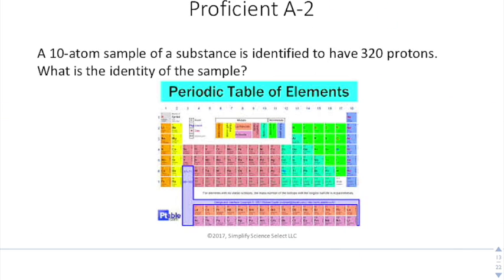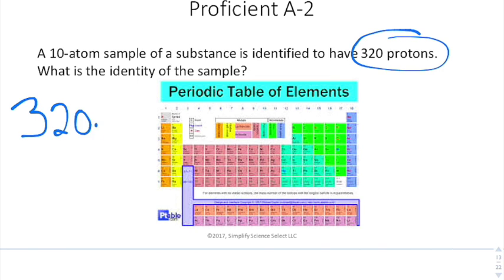Okay, it says a 10 atom sample of a substance is identified to have 320 protons. What is the identity of the sample? Now remember, every element on the periodic table has a specific number of protons for every atom. So I want to take my 320 protons and divide it by the number of atoms.